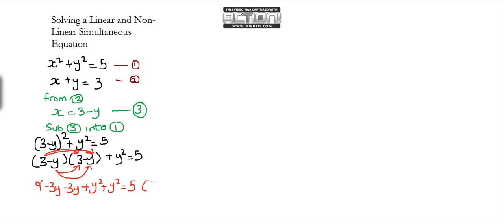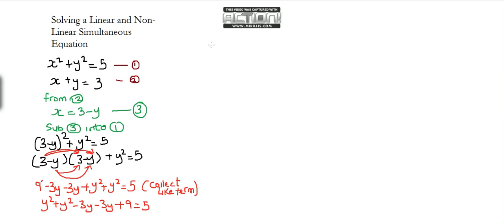So let's collect like terms. So we have y squared plus y squared minus 3y minus 3y plus 9 equals 5.